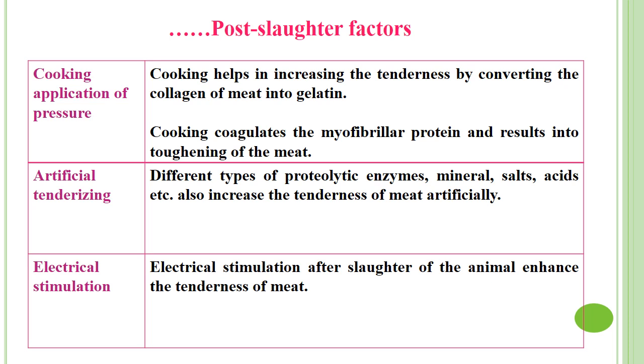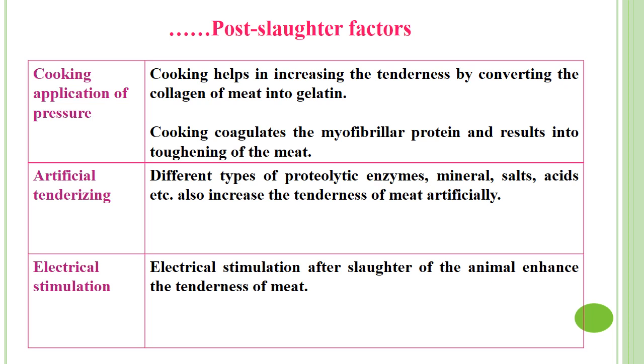Then another factor is artificial tenderization. It is a common practice to apply different kinds of plant origin enzymes. These enzymes are proteolytic enzymes, and other mineral salts and acid are also sometimes used for marination, and all this helps in tenderness artificially.